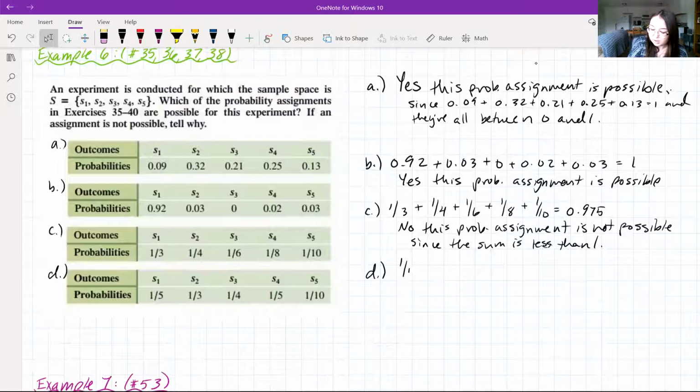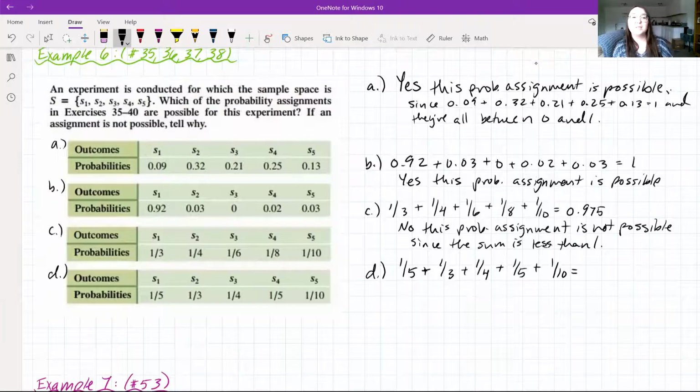So we have 1 over 5 plus 1 over 3 plus 1 over 4 plus 1 over 5 plus 1 over 10. And if you add those values together, you should end up getting 1.083, which is greater than 1.